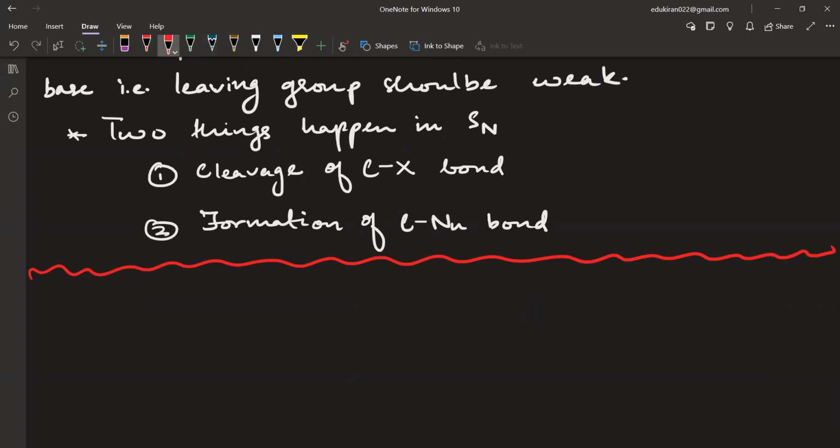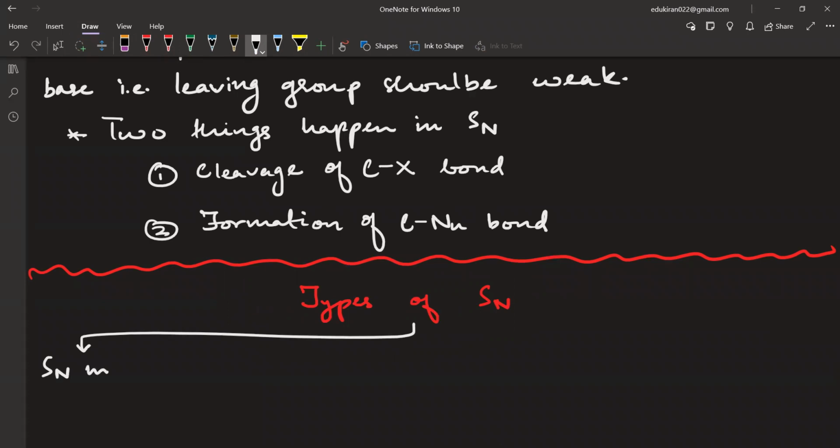And on this basis, on the two things which are happening, I can classify and say that there are two types of SN, two types of nucleophilic substitution. SN can either happen in one step or in two steps. Please don't write these things.